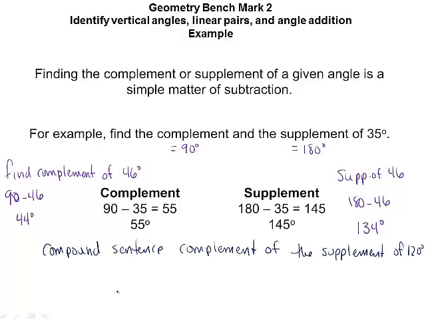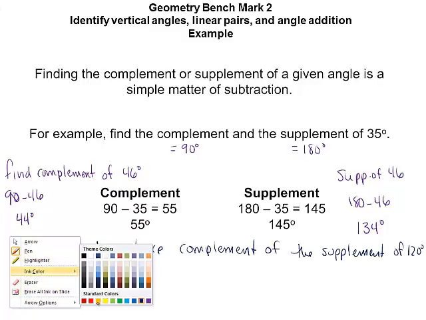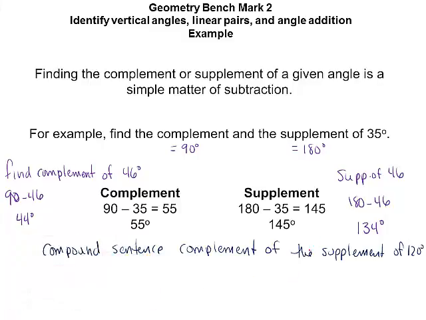When this happens, when you find the complement of the supplement or find the supplement of the complement, you want to find the second part first. So we're going to find this part first, and then this part second, because you need to have this answer to find this.